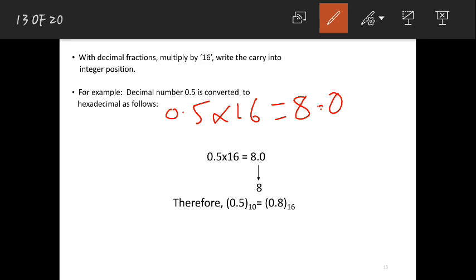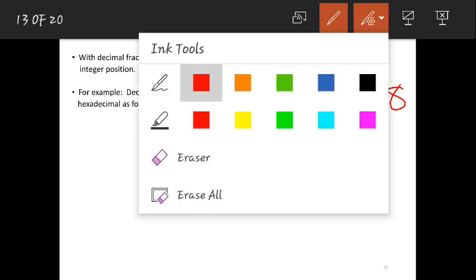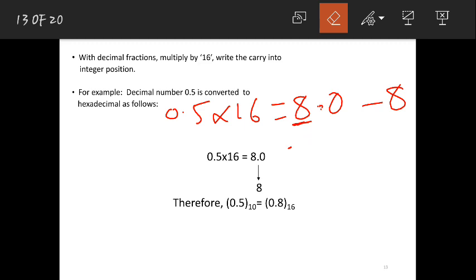I said we should go on multiplying, but here you have nothing to multiply again, because whenever you write the carry, the integer part you got, always you should write as a carry. The integer part is 8 and the remaining is 0.0. So if you multiply 0.0 into 16 again, this is the carry you got. After this point, whatever number you got, you need to take it here as a 0 point.